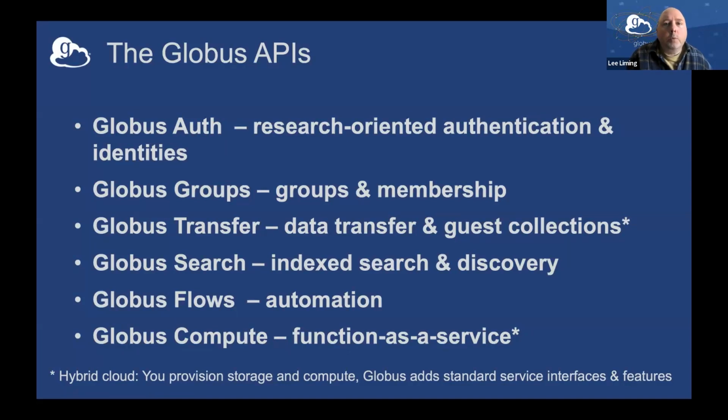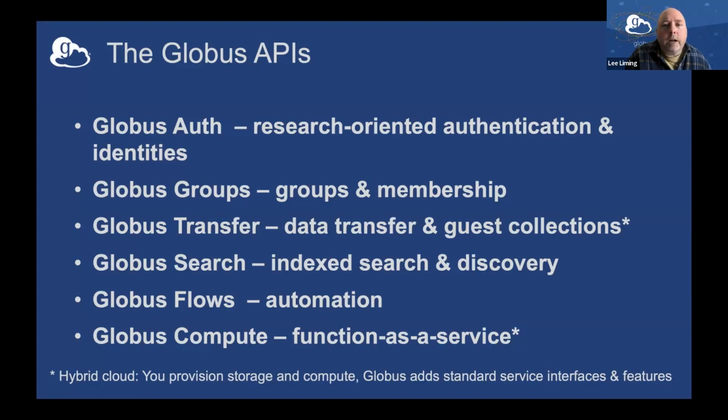The Globus groups is for groups and membership. So you can, through the API, create groups, configure groups and their policies, add and remove members from groups, and check the membership of a group to find out if a particular person is a member of that group. And then you can use that for authorization decisions in your application, should you choose to.